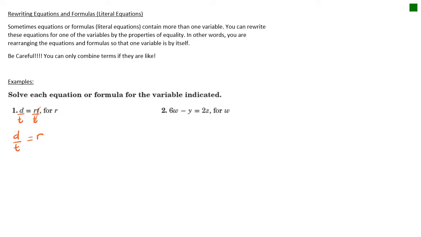When you're presented this on a test or a quiz or even on the work you're going to do, it'll say solve for the variable. If you notice, I didn't get a number answer. That's not what they're asking for. They're asking you to rearrange the equation or formula so that one variable is on one side and everything else on the other.